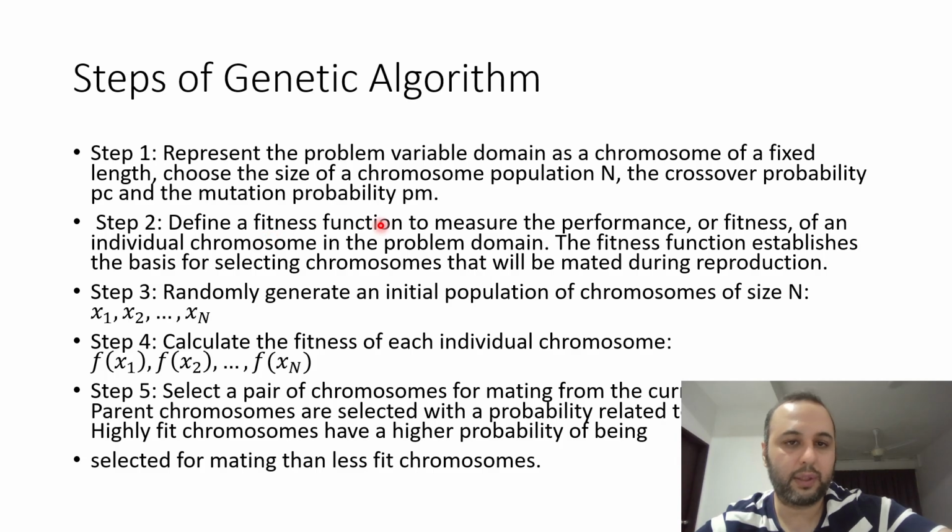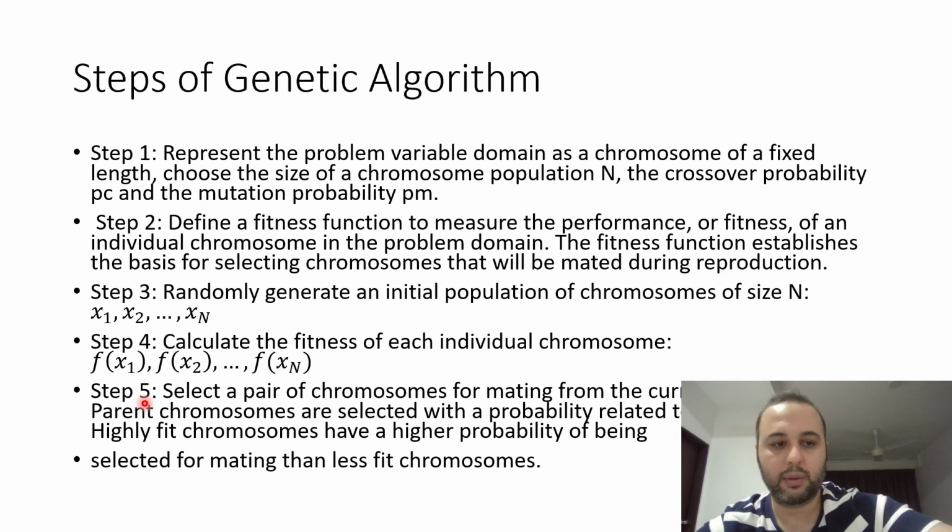Then we define the fitness function, which is our objective function for evaluation. Step 3 is initialization, random initialization of the first iteration. Step 4 is evaluation based on the fitness function of each initialized population.